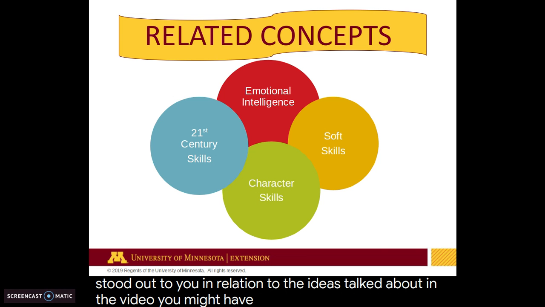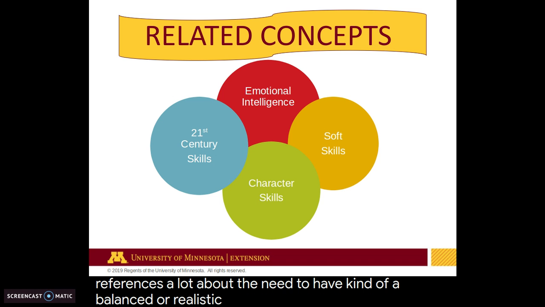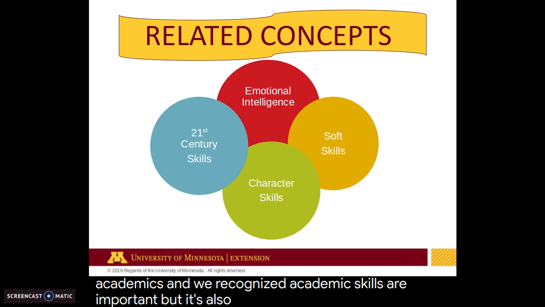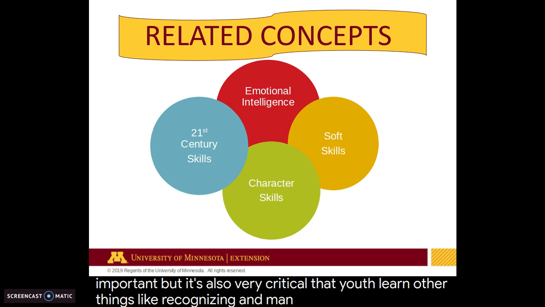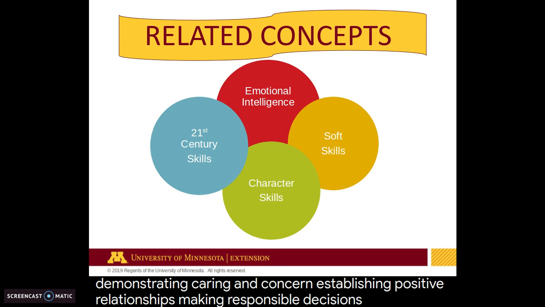You might have thought that the video references a lot about the need for a balanced or holistic education that extends beyond just academics. We recognize academic skills are important, but it's also very critical that youth learn other things like recognizing and managing their emotions, demonstrating caring and concern, establishing positive relationships, making responsible decisions, setting goals, and overcoming challenges.